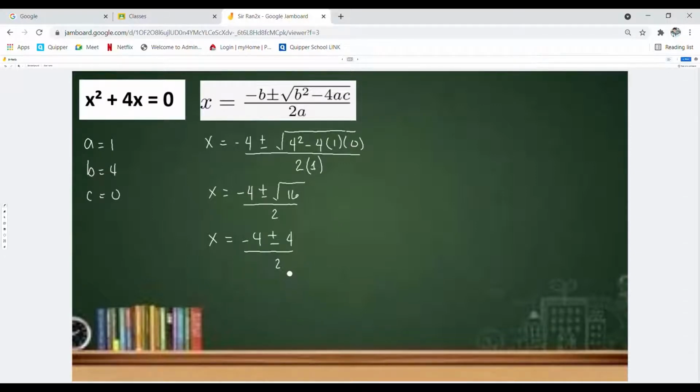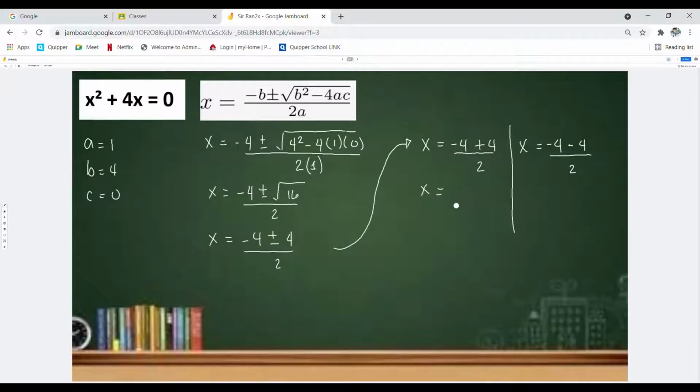Now just break your answer, the positive and negative, separate them so you can simplify and get your x's. Your first x is negative 4 plus 4, we take the positive first, over 2, and your other x is negative 4 minus 4, considering the negative, over 2. Simplify the numerator first.